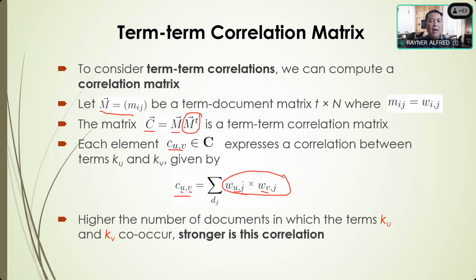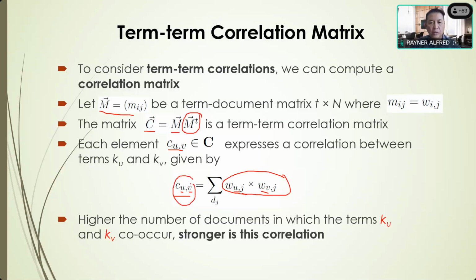If both are high, they both occur in the same document many times, so they are correlated to each other. The higher the value, the stronger the correlation.